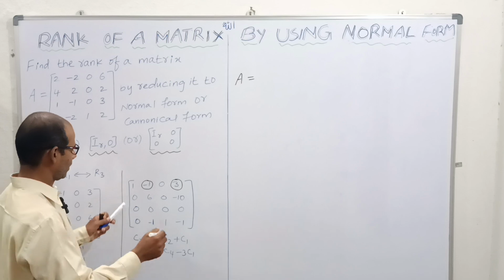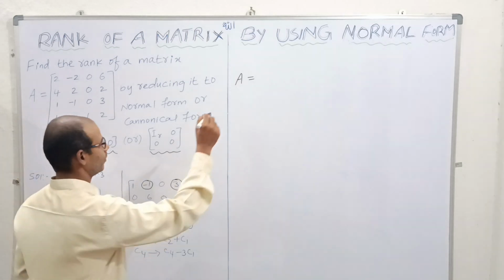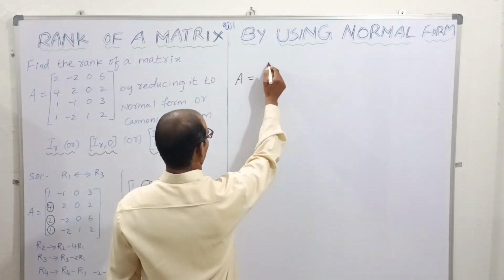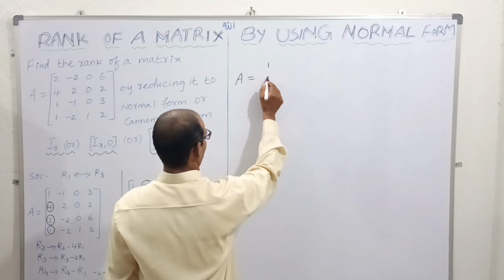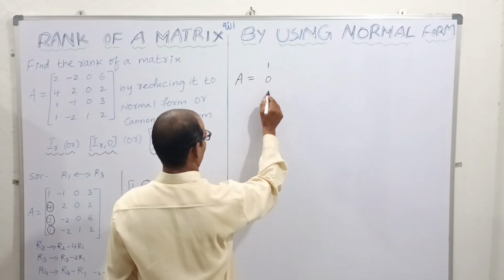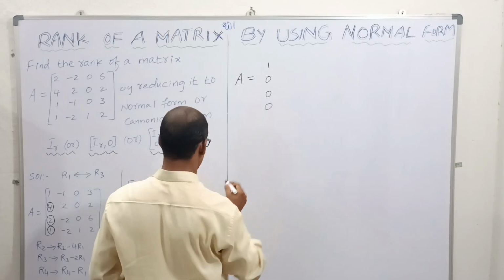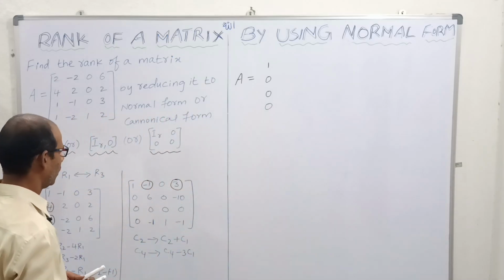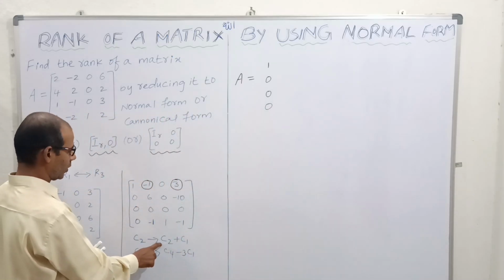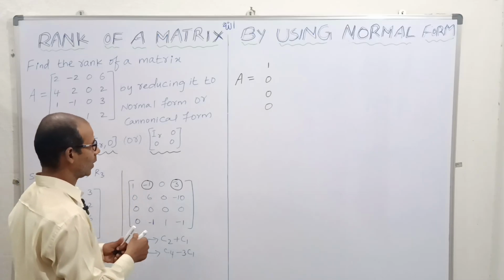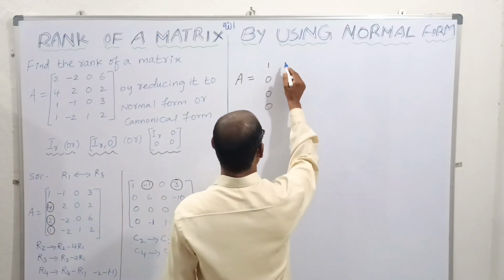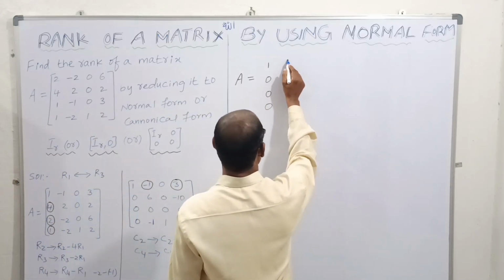so now the column 1 is no change. So 1, 1, 0, 0, 0. Right? So column 2, we will apply the operation C2 plus C1. So minus 1 plus 1, it becomes 0.